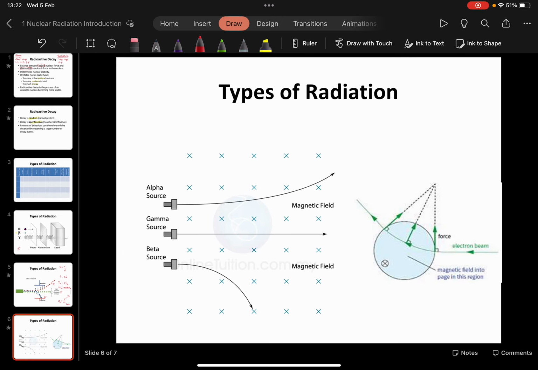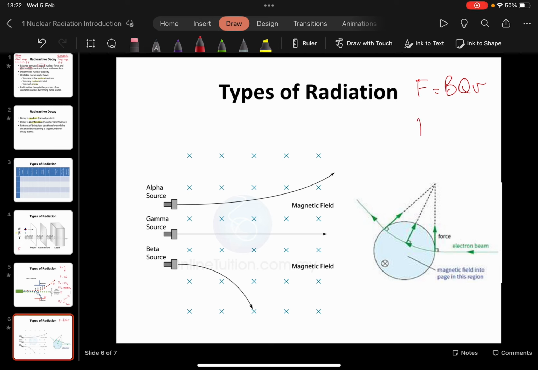What about magnetic fields? We know that, again, only charged particles experience a magnetic force, and that's the BQV force. So the gamma carries on through undeflected, and by virtue of the opposite charges, beta and alpha are deflected in opposite directions.